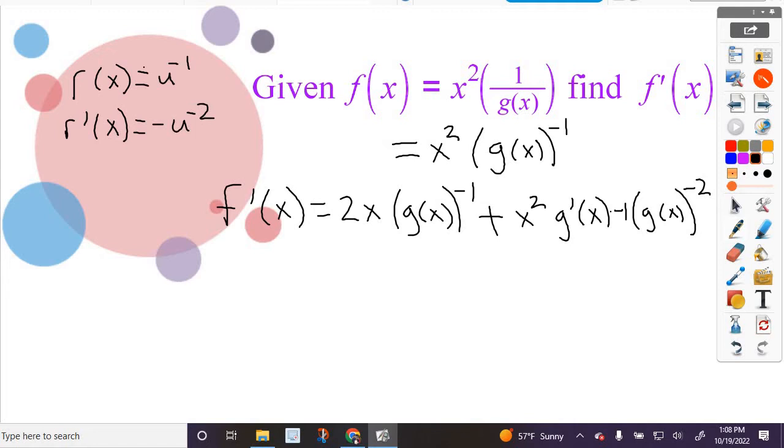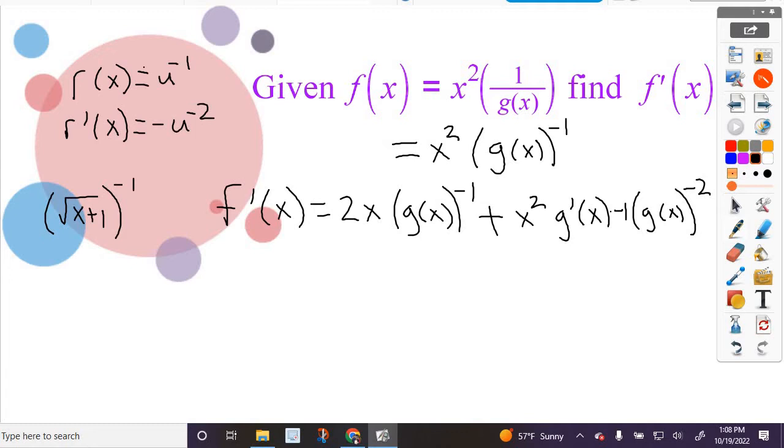Okay. Yes. So the one with the negative 1 in front of it is like the derivative of the outside part, yes. So why do we have the g prime of x? Because that's the derivative of the inside part. So think about if I had something like the square root of x plus 1 to the negative first power, right?